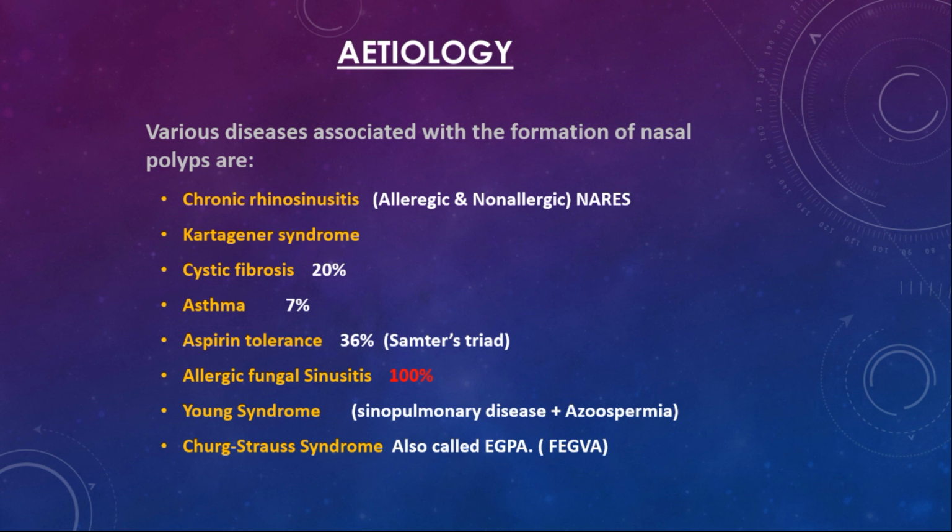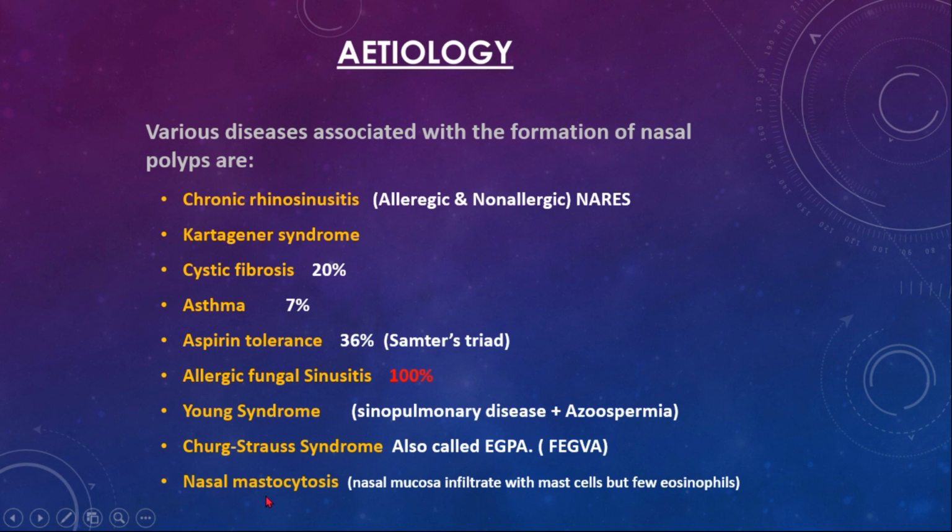It includes five signs and symptoms, and its mnemonic is FEGVA. F stands for fever, E for eosinophilia, G for granuloma, V for vasculitis and A for asthma.